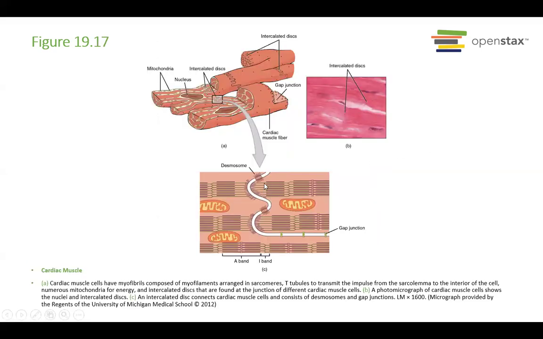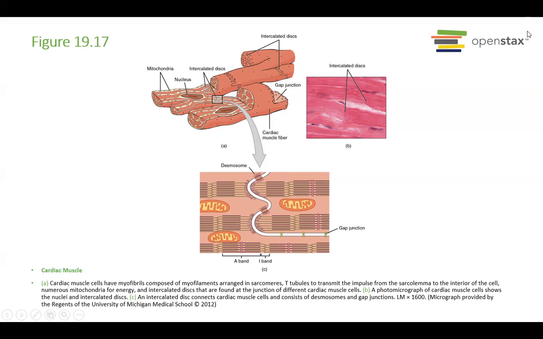So we mentioned how the action potential travels through the gap junctions. These leakage points, the gap junctions, allow solutes to pass through the cells.